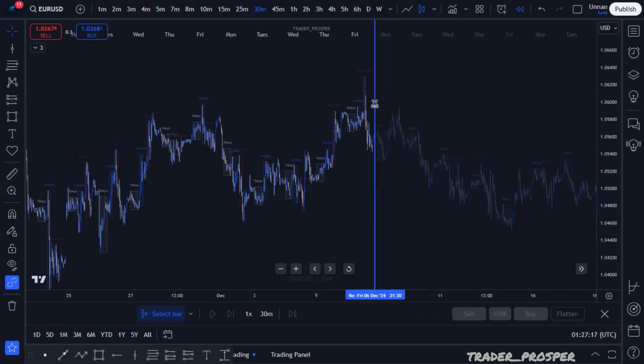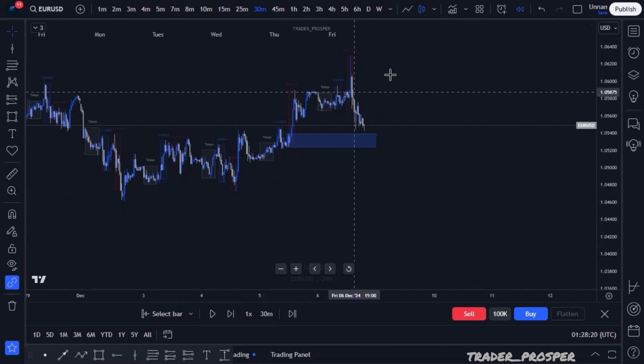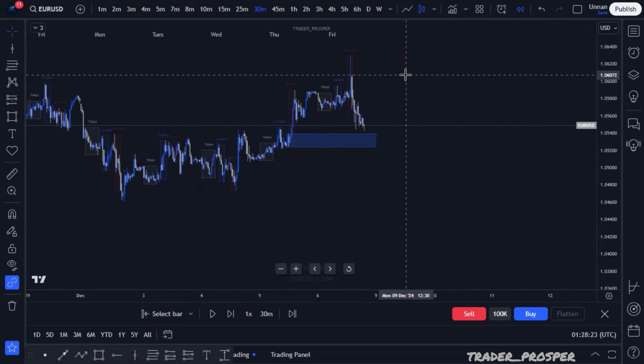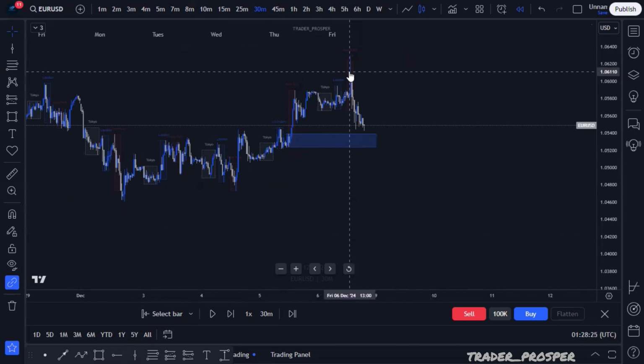looking at the structure further, we can identify this level of demand here. Okay, let me change this. There is this demand zone here, but what I want to be looking for is, since price has swept liquidity of the higher time frame, I want to see if price can mitigate this level of demand and increase further into this level of supply here.